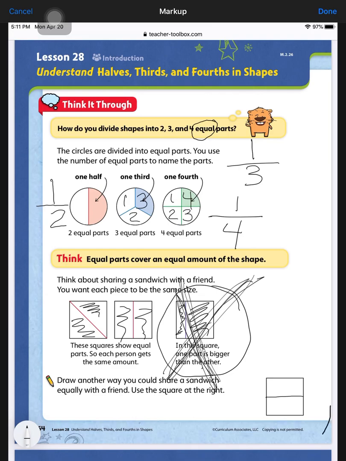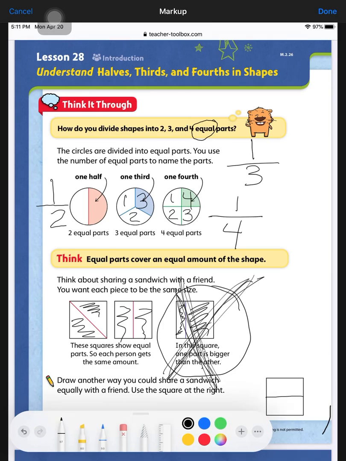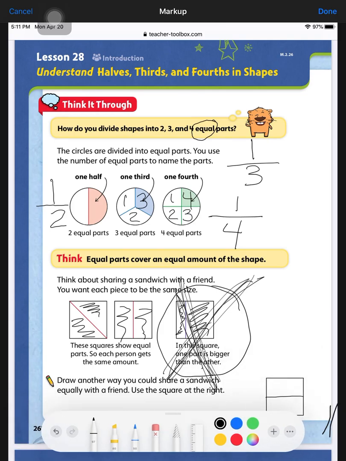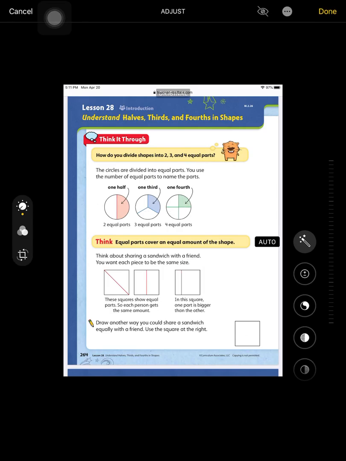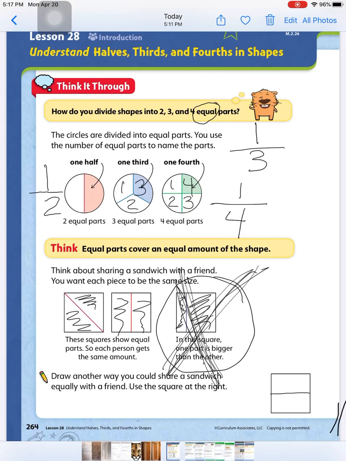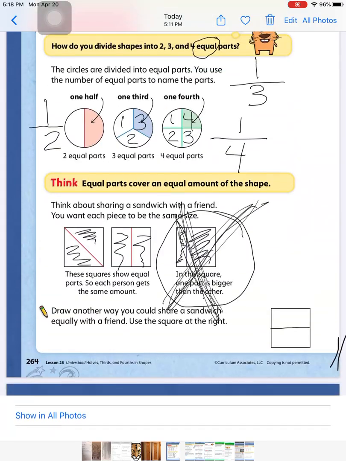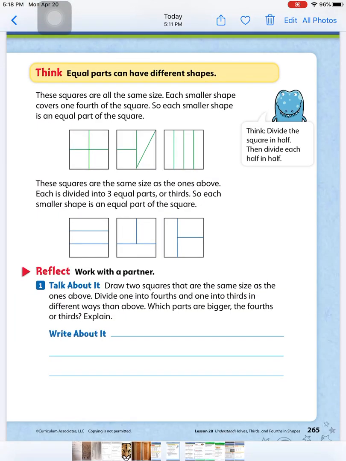Now we're going to scroll down, and we're going to go to the next page if I can figure out how to stop writing and to scroll. There we go. All right. Oh no, sorry guys, having a little technical difficulties here.